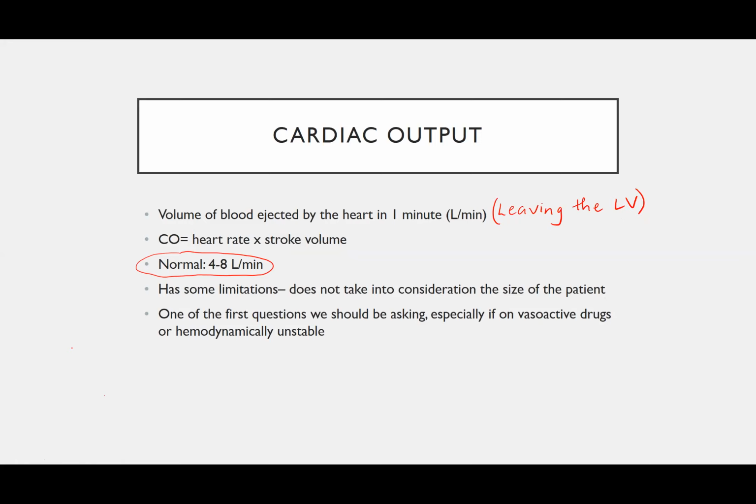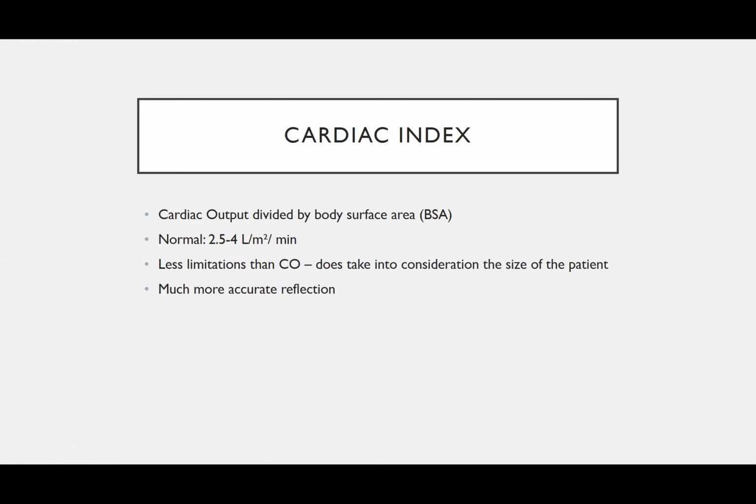And this is actually one of the reasons why cardiac output, though it is the first question I ask myself about, is not the value that I prefer to use. I typically prefer to use this value here, and this is cardiac index. So cardiac index is cardiac output divided by the body surface area.